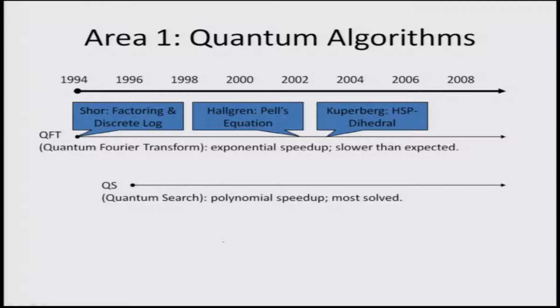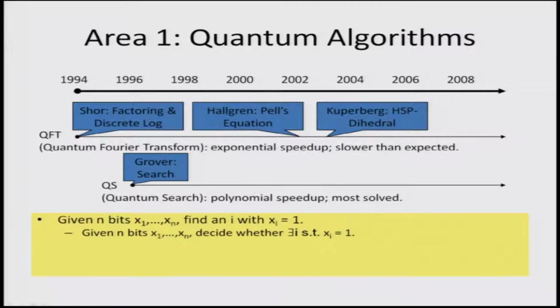The other important development in terms of quantum algorithms has been quantum search, which shows polynomial speed up, and that is the Grover search. It states that given n bits, find an i with x_i equal to 1, which is the solution.